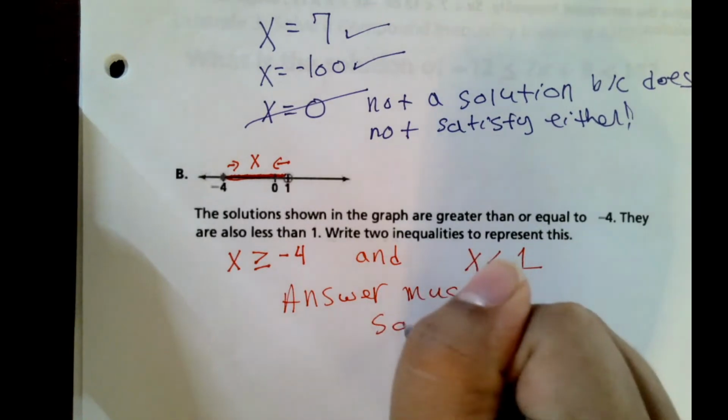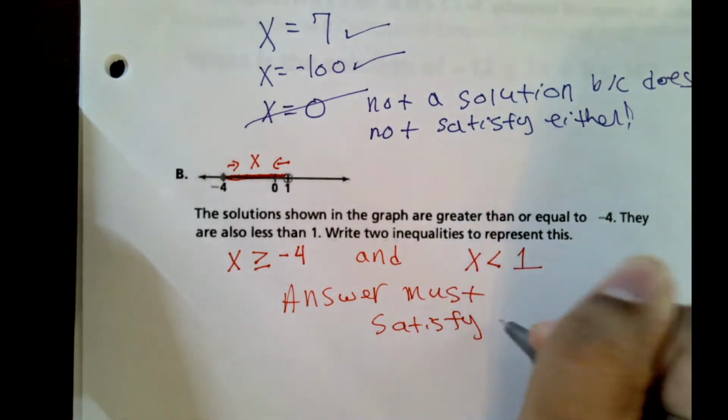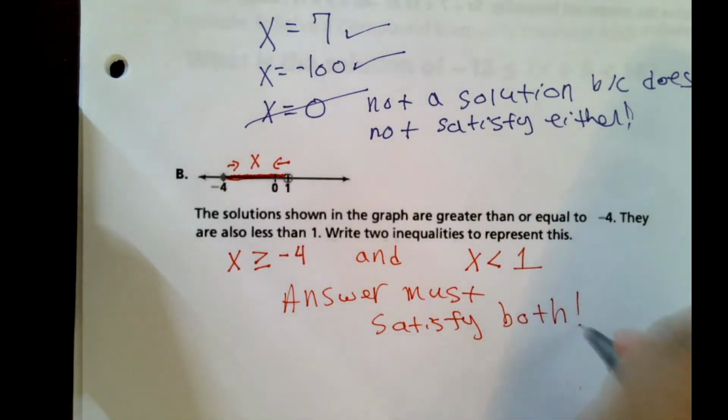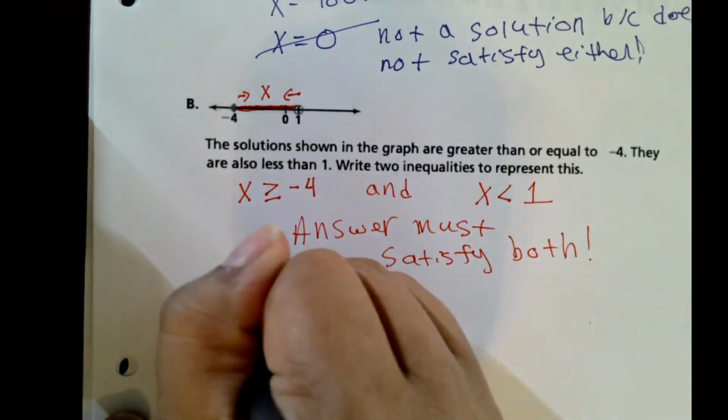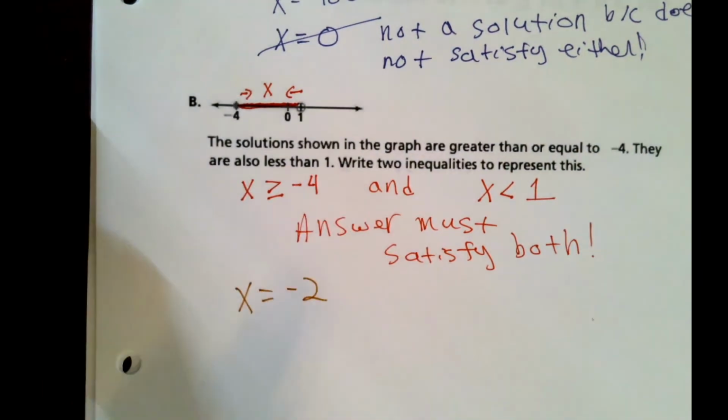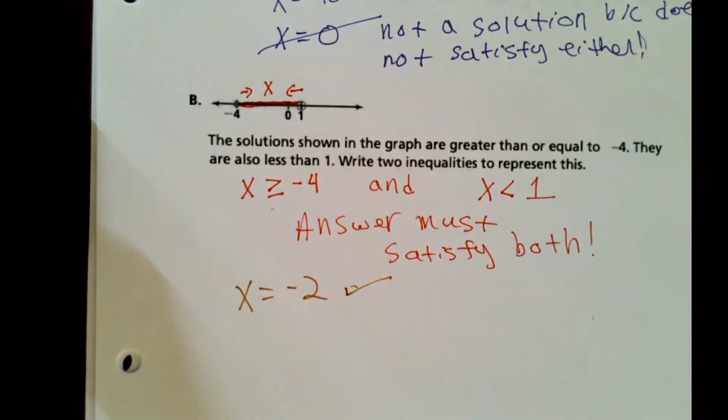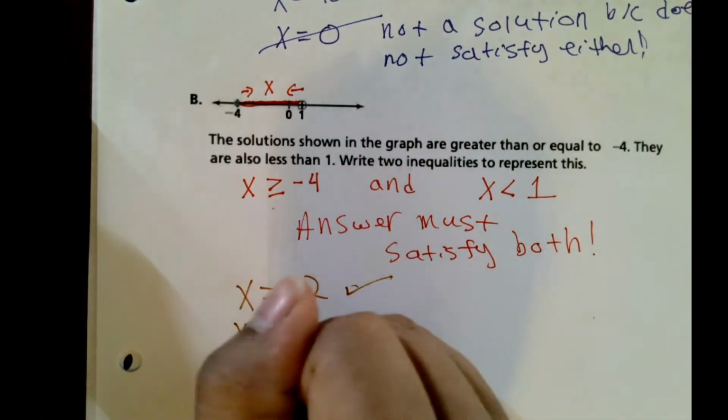So just like with or, I want to give us a couple of examples. If I said x is equal to -2, would this work? Well, -2 is greater than -4, and it's less than 1. So, check. Yes, that could be an answer. What if I said x is equal to 3? Well, look, 3 is greater than or equal to -4, but it's not less than 1.